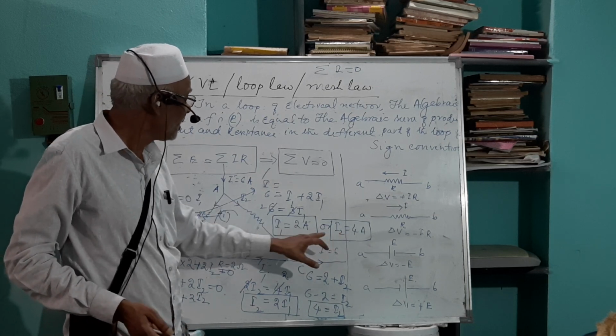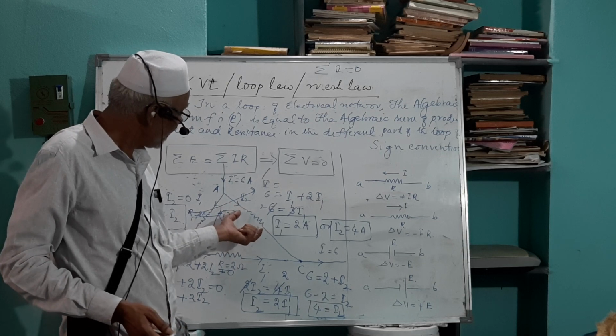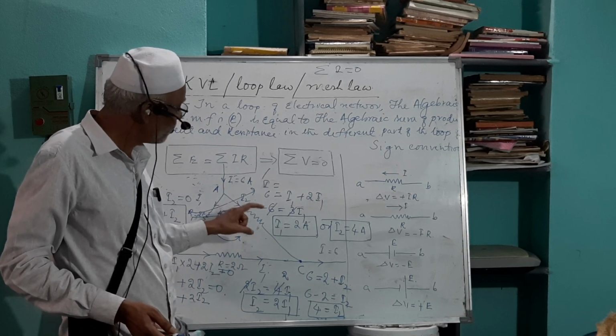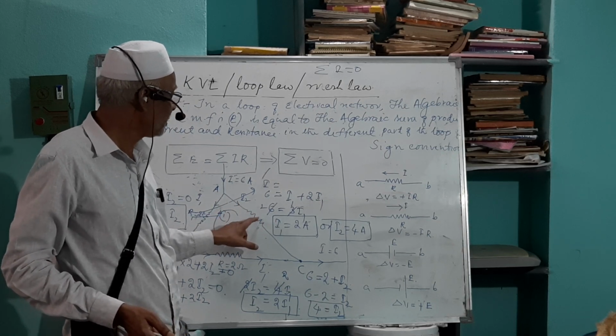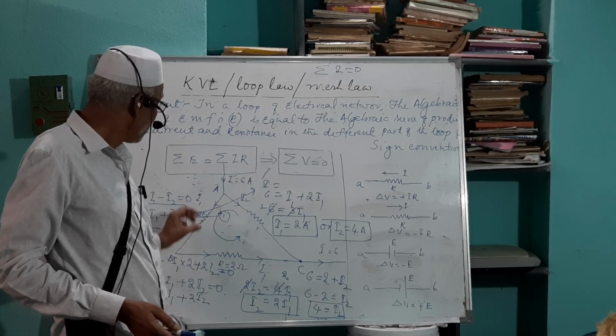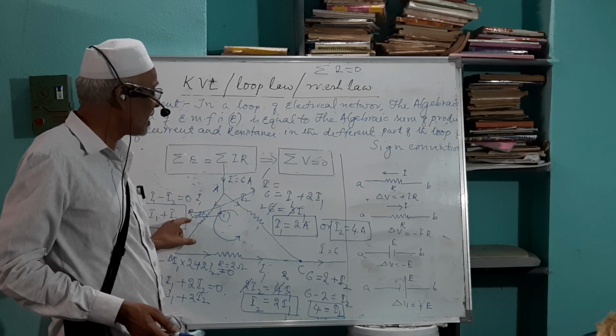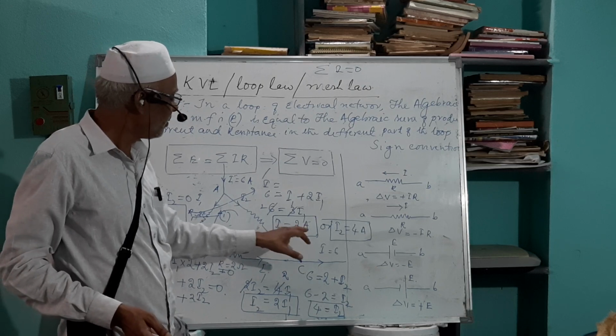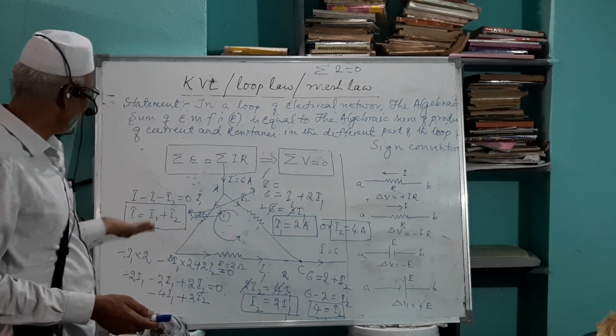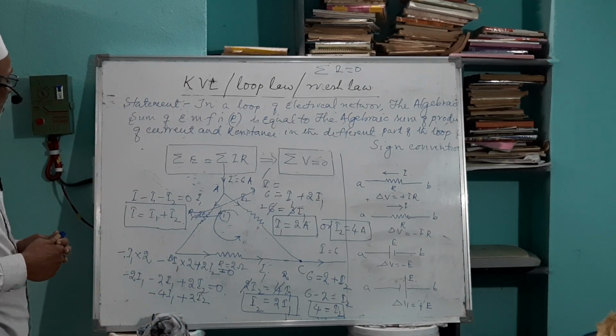This branch has less resistance, more current. The first branch has more resistance, less current. So you can verify whether your result is correct or not.